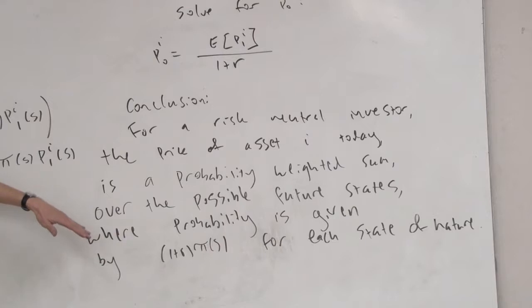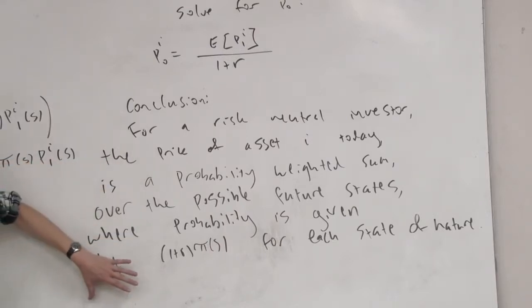One last thing that we do is this sum is discounted back to the present at the risk-free rate.